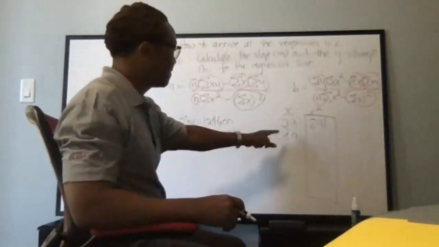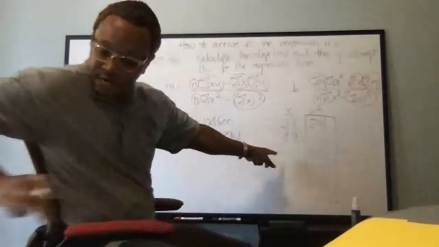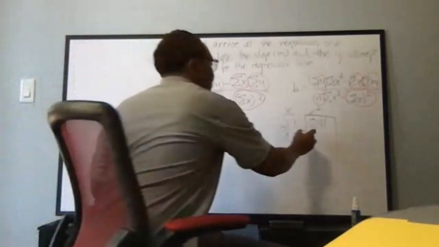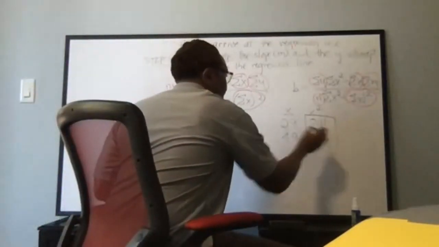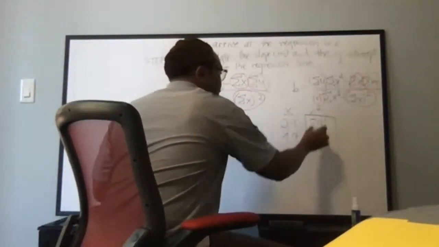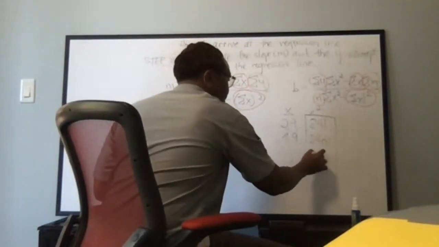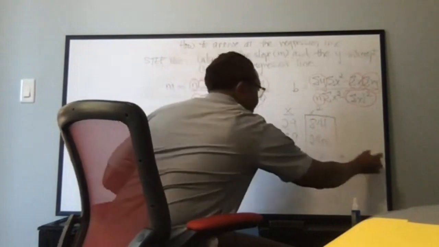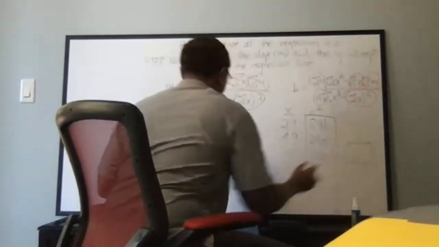Okay? So go through and find those. 29 squared, 49 squared, 2401. Then keep going. So once you get these four values, then you add them together, then that will be here.